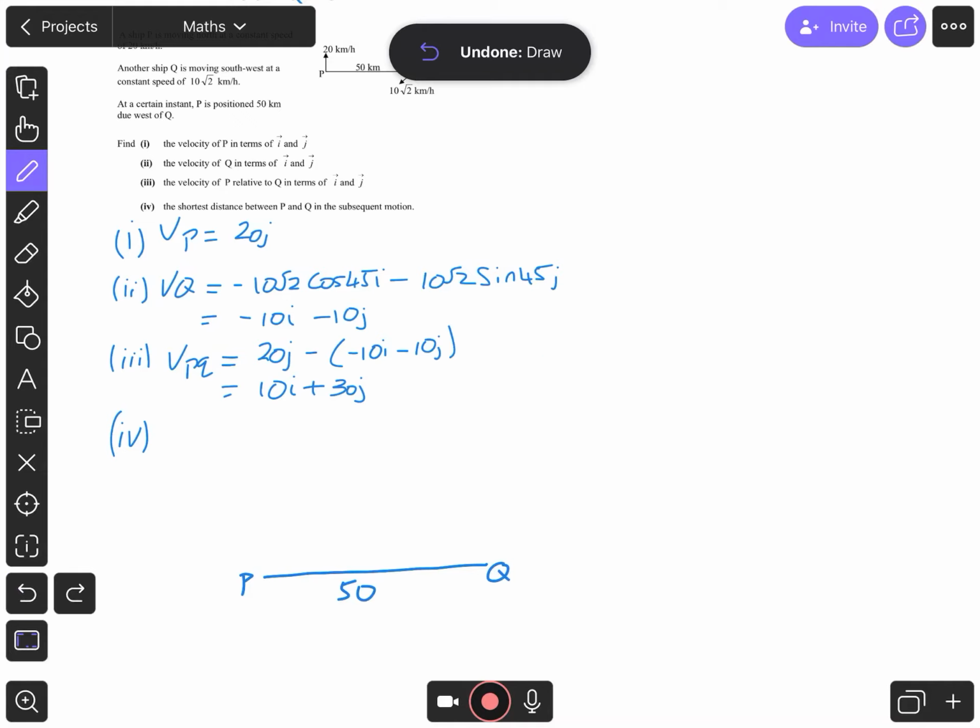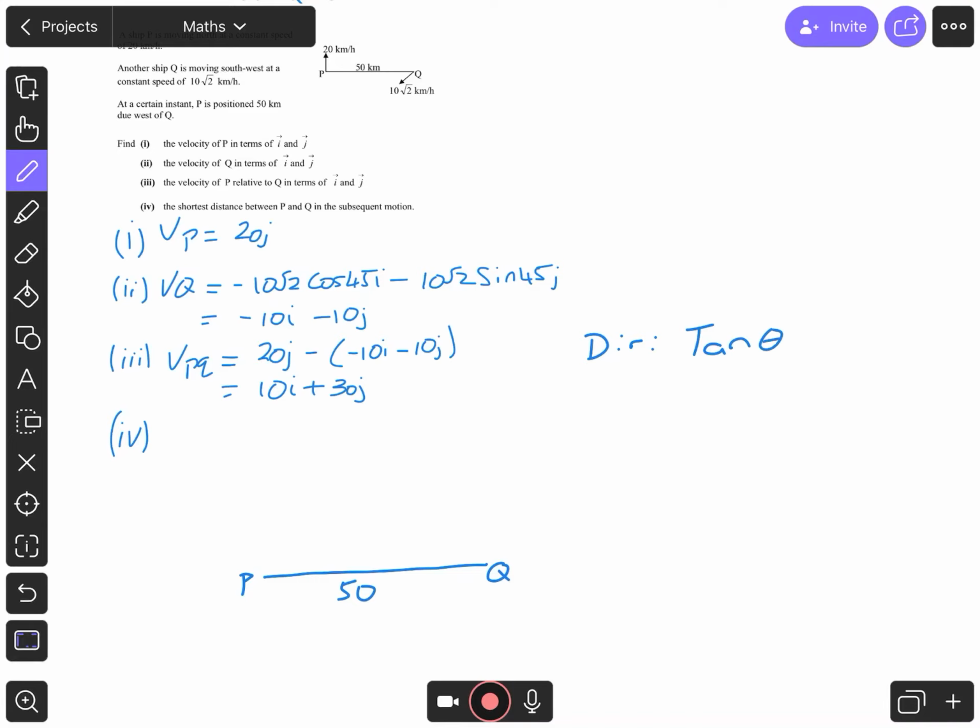I'll just do the direction. So the tan of the angle that we're looking for is opposite over adjacent. That's 30 over 10. So my angle is going to be the tan inverse of that, and that is 71, and I'm just going to round to 2 decimal places degrees.